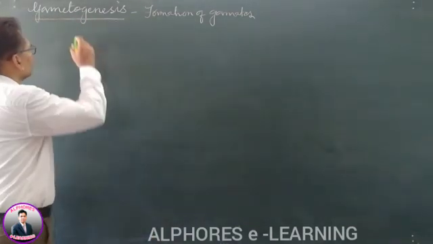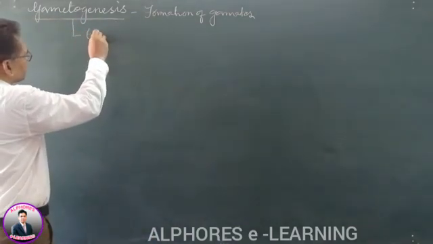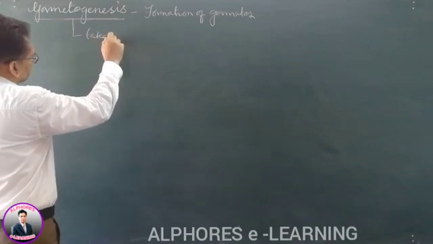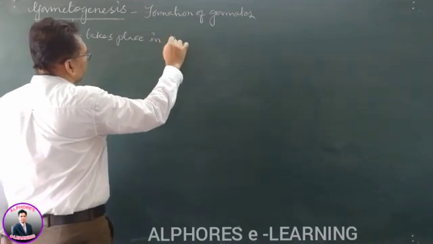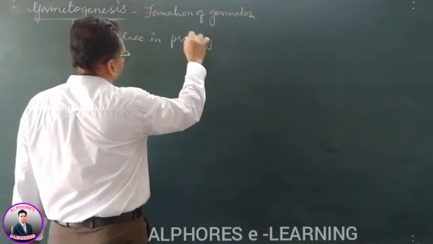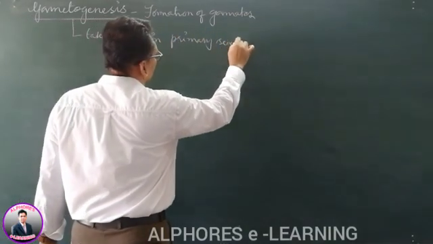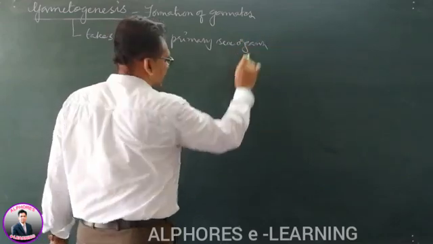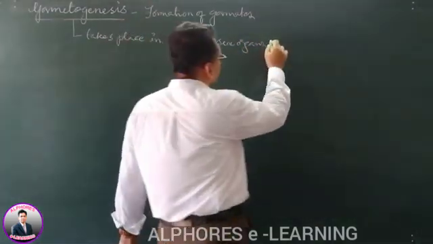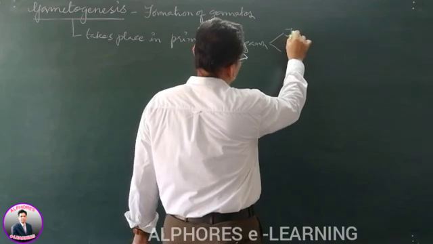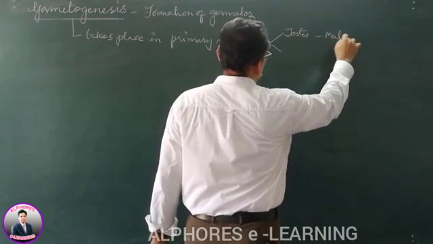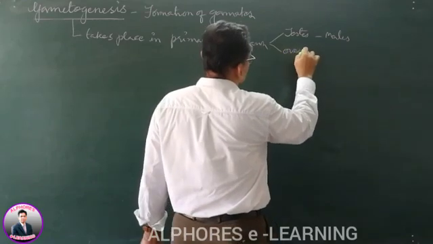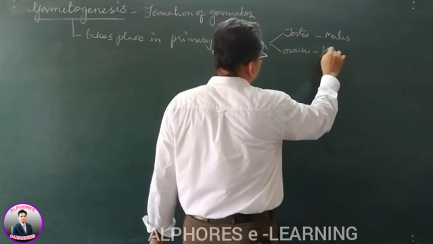Gametogenesis takes place in the primary sex organs: testis in males and ovaries in females.